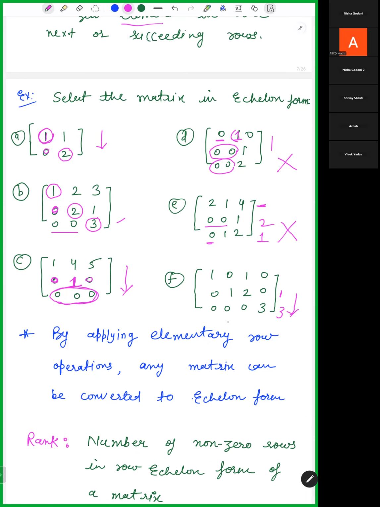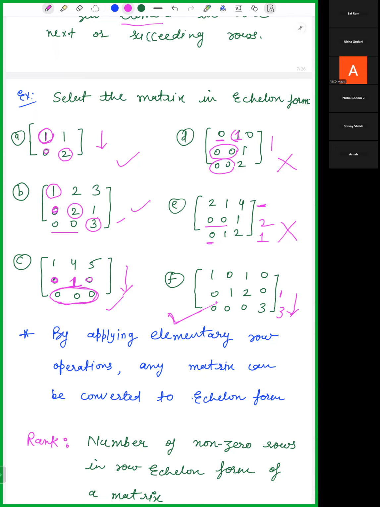So this matrix is in echelon form. So A, B, C, and F are in echelon form. Matrices D and E are not in echelon form. Okay, so I have just told you how a matrix looks when it is in echelon form.